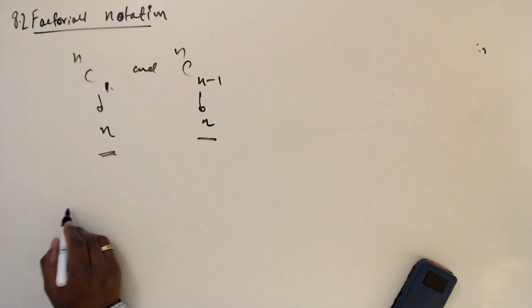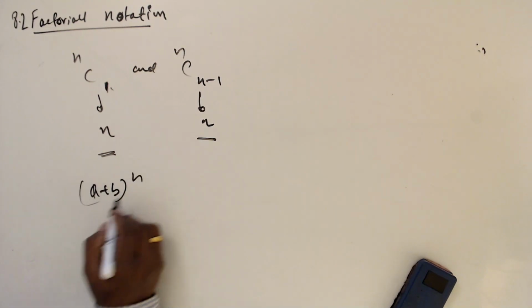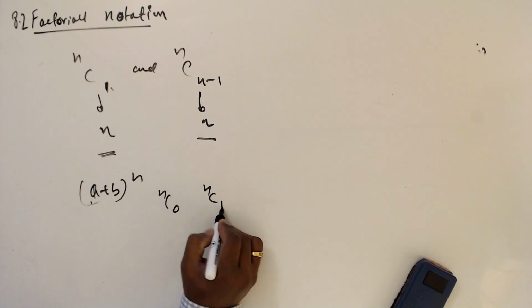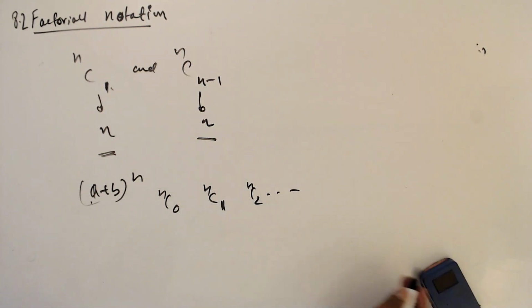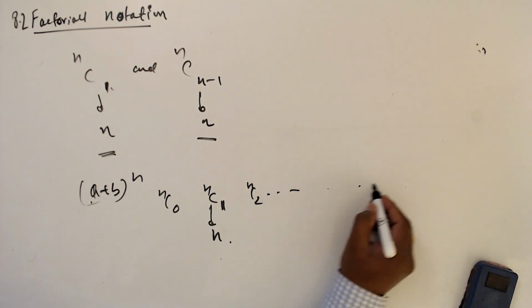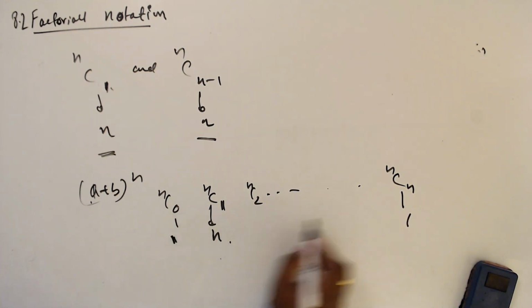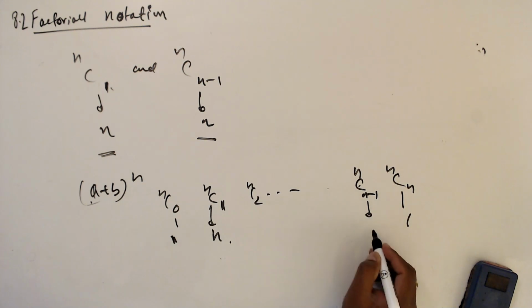So when we write the expansion of a plus b to the power n, this is going to be nC0, the second one nC1, and this is nC2, like that. So this one is going to be n. And what is the last one? The last one is nCn, that is 1. This is also 1. nC(n minus 1), one before that, is also n.